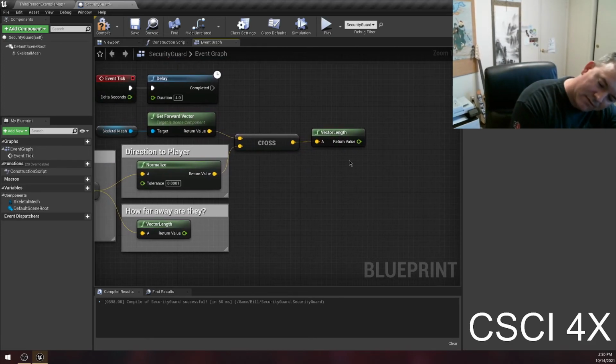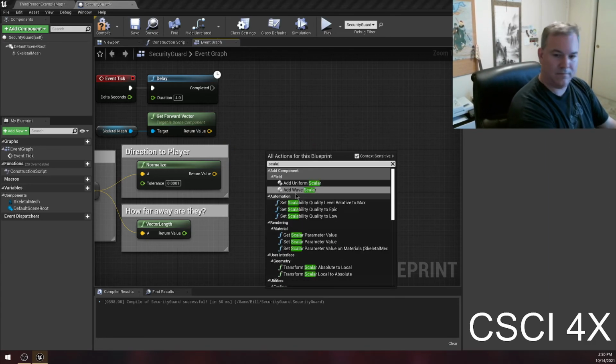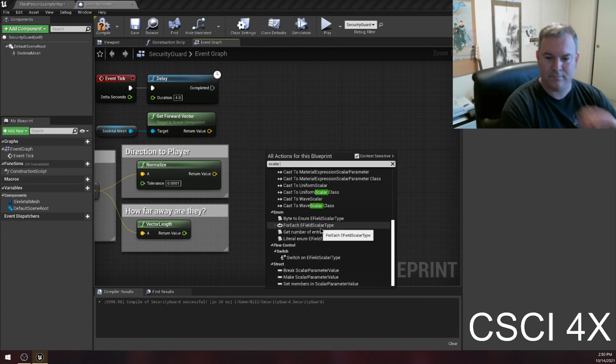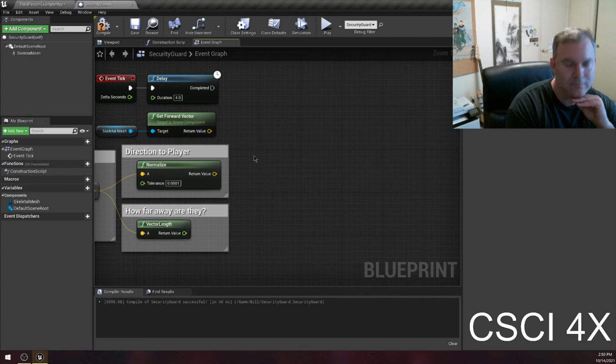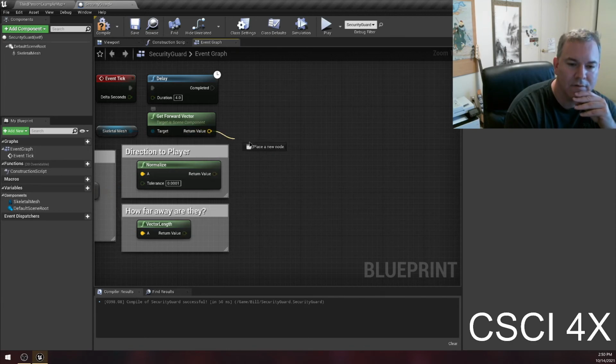That's going to give us a negative value, isn't it? Let's see. Is the z direction positive or negative?